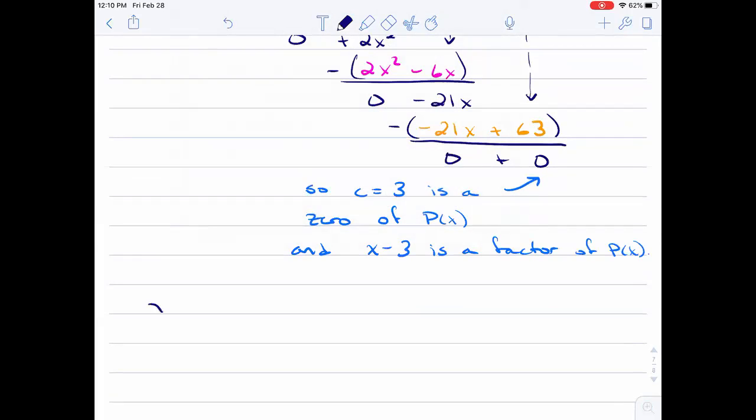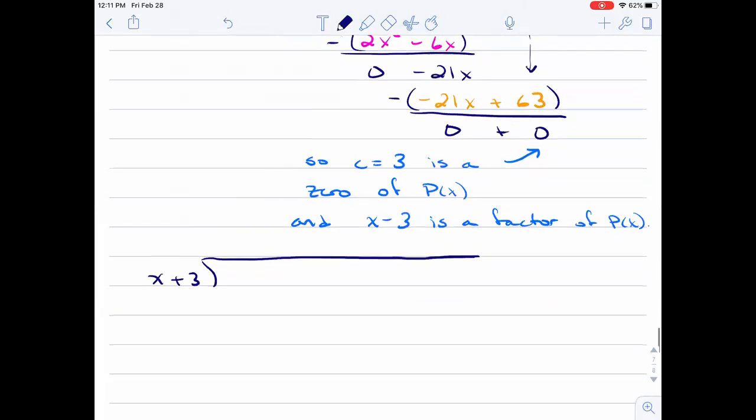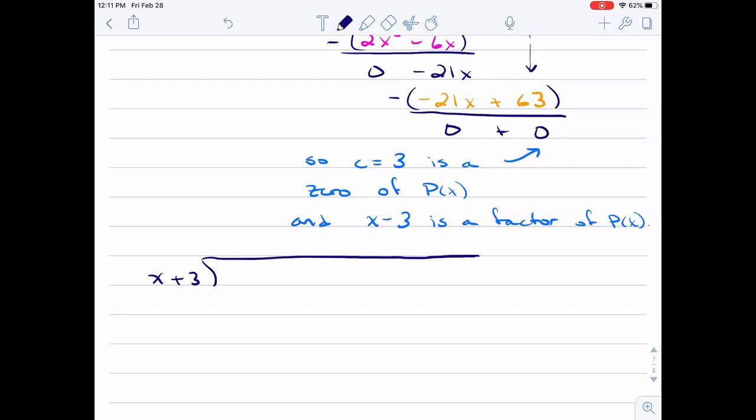Let's try x plus 3. The only thing that really changes here is the sign for some of these, but they'll kind of flip back and forth. Well, if they did something wrong, they both have to.